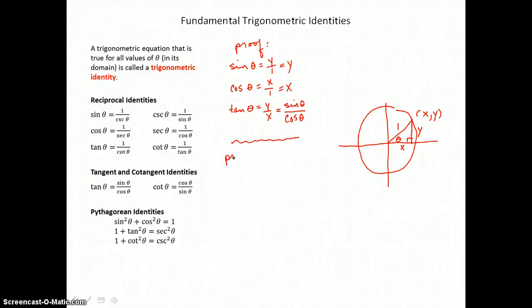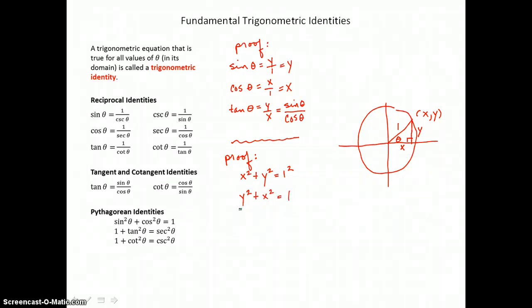We can write a proof also for the Pythagorean identity. Again, referring to that right triangle in that unit circle on the coordinate plane, we can apply the Pythagorean theorem to it, stating that the sum of the legs squared is equal to the hypotenuse squared. And then just using the commutative property on the left here and writing y squared plus x squared equals 1 squared, which is 1.